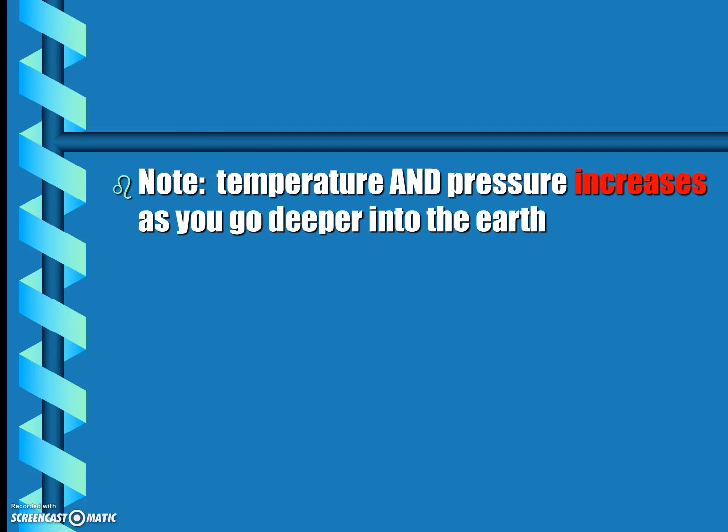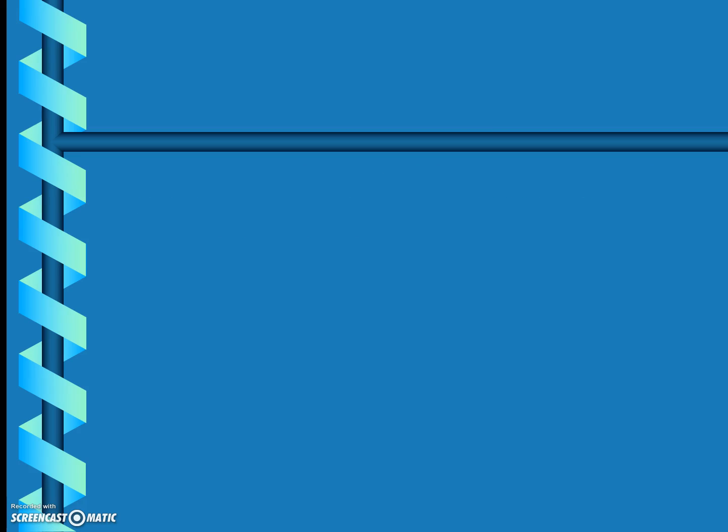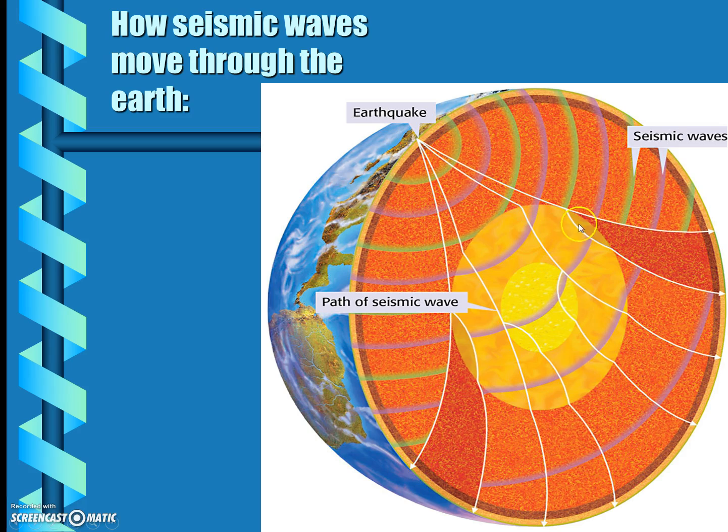So temperature and pressure increase as you go into the earth. Keep that in mind. As we go deeper and deeper inside the earth, that pressure and that temperature is going to increase. So it's going to get hotter and your ears are going to pop, like when you get right here.